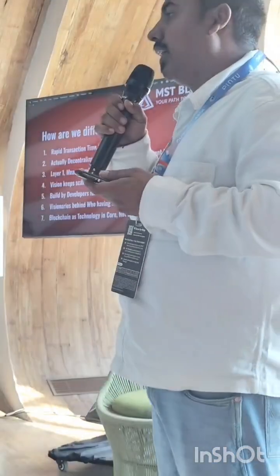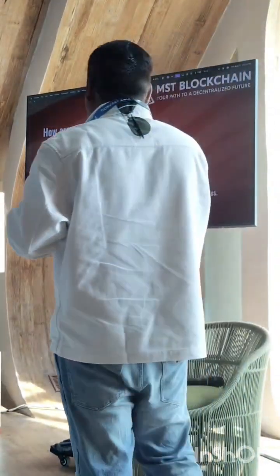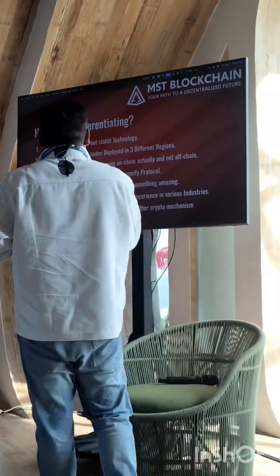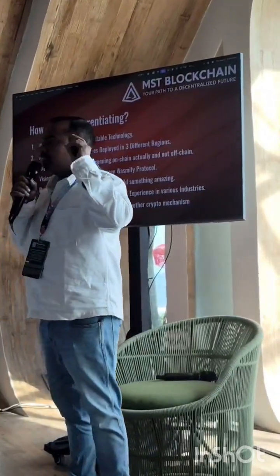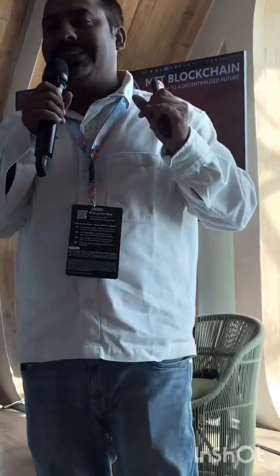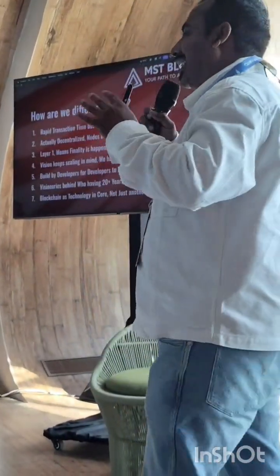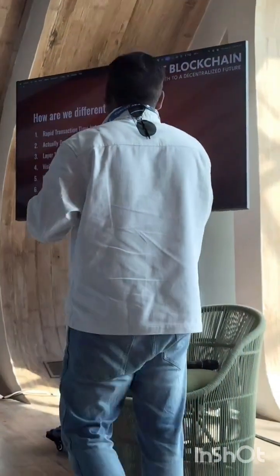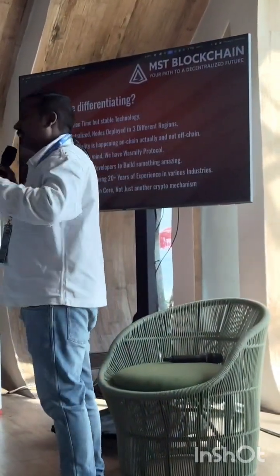It's very simple that you are an infrastructure provider. So when you are an infrastructure provider, who is building with you, what they are building, what problem they are solving, what's the volume of the transactions you are having on chain, that's how a blockchain gets a value. So whenever we talk about the technology, we do not talk about the crypto.